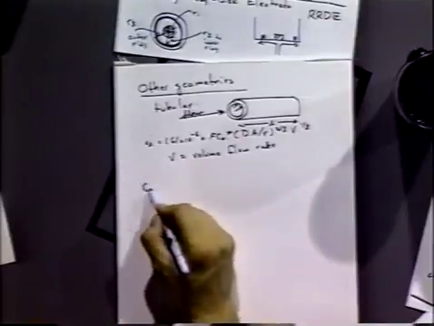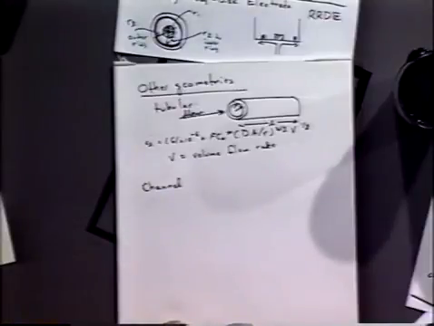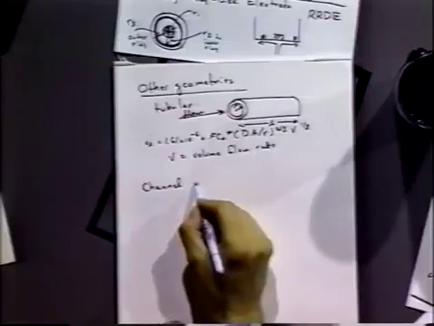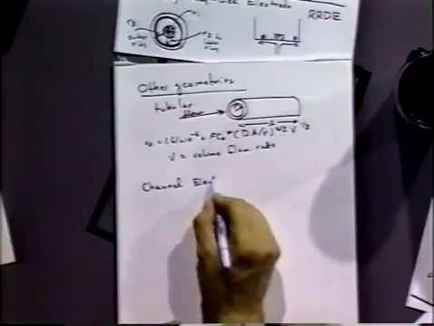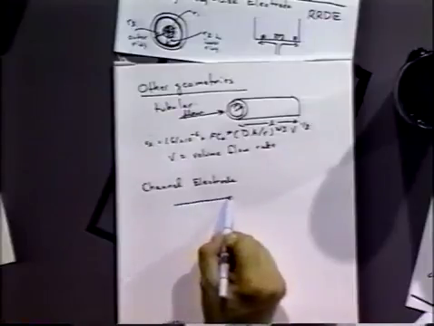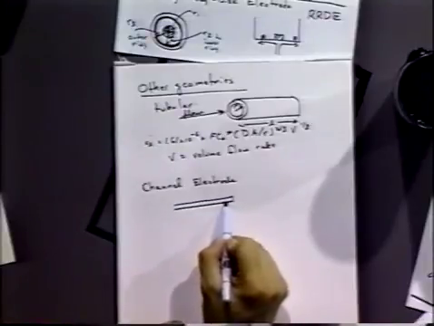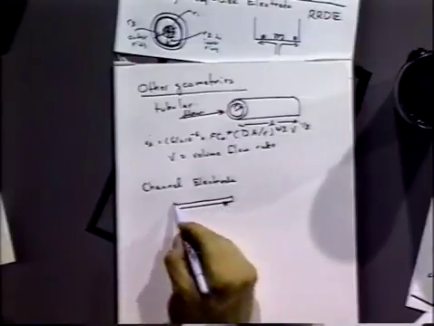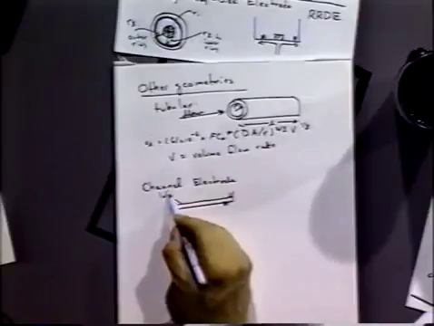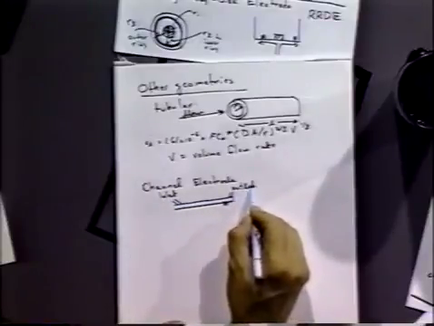Another type of uniformly accessible electrode is a channel electrode. The idea here is that you make a very well-defined channel and you embed, close to the end of the channel, an electrode that extends across the channel.